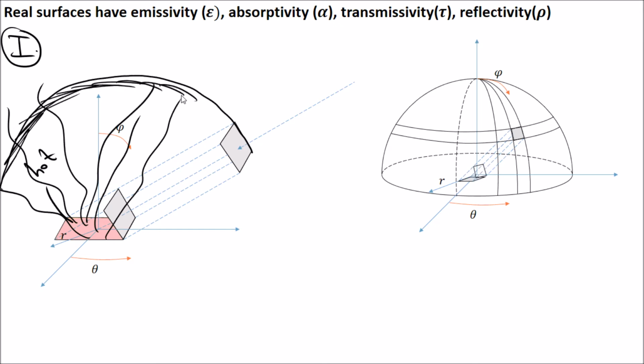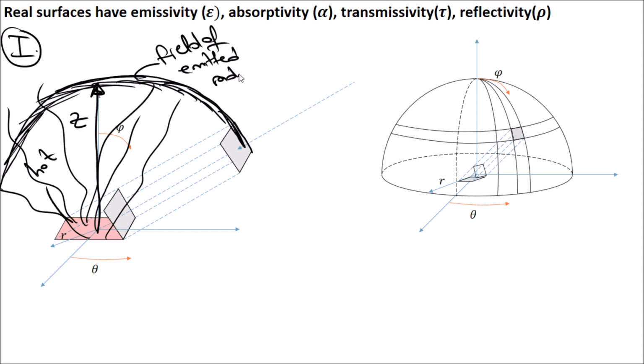Say that this is the surface I've taken at a distance of Z or R. This is the field of emitted radiation. At this location, you will have this amount of emitted radiation.